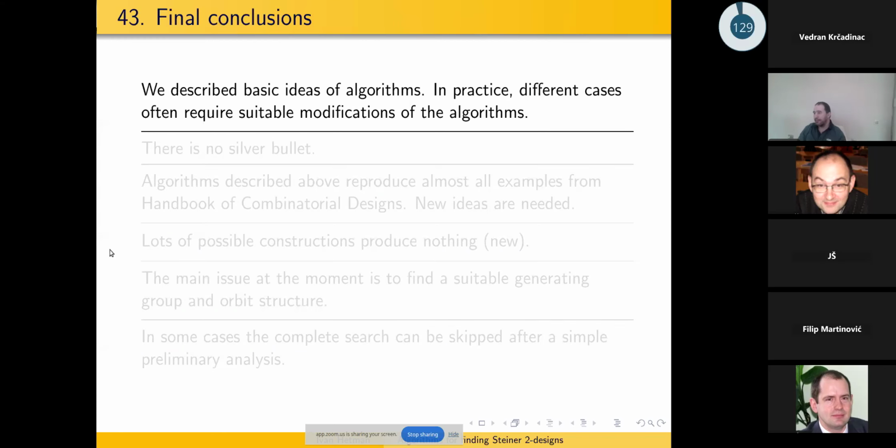And final conclusions. So here are described the very basic ideas of algorithms. In practice, different cases often require suitable modifications of algorithms. So these algorithms are just the basic ideas, and using these basic ideas, you can regenerate, for instance, examples from the Handbook of Combinatorial Designs.